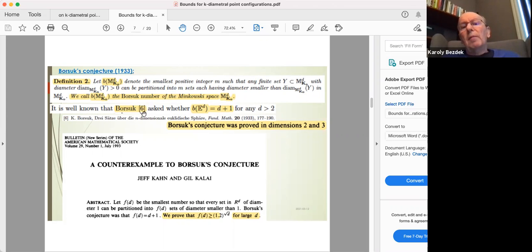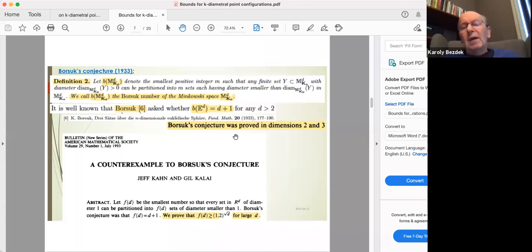Borsuk raised the problem whether in d-dimensional Euclidean space this value is equal to d+1, whether any set of diameter 1 can be partitioned into d+1 sets of smaller diameters.